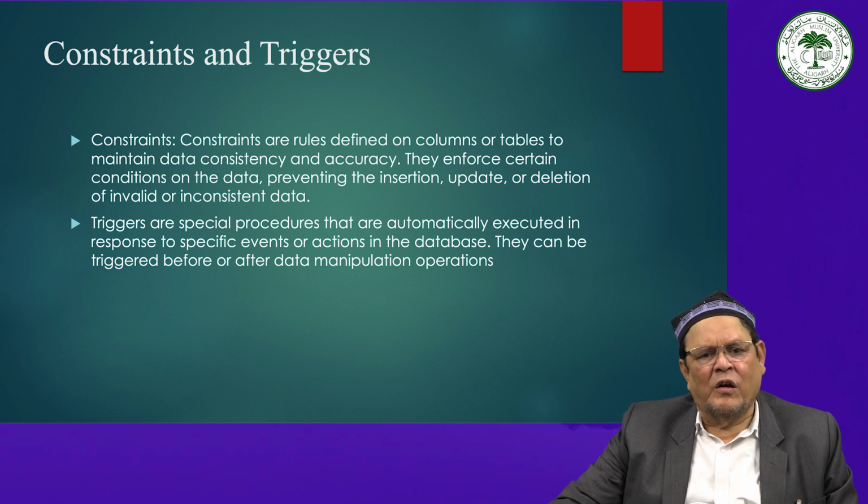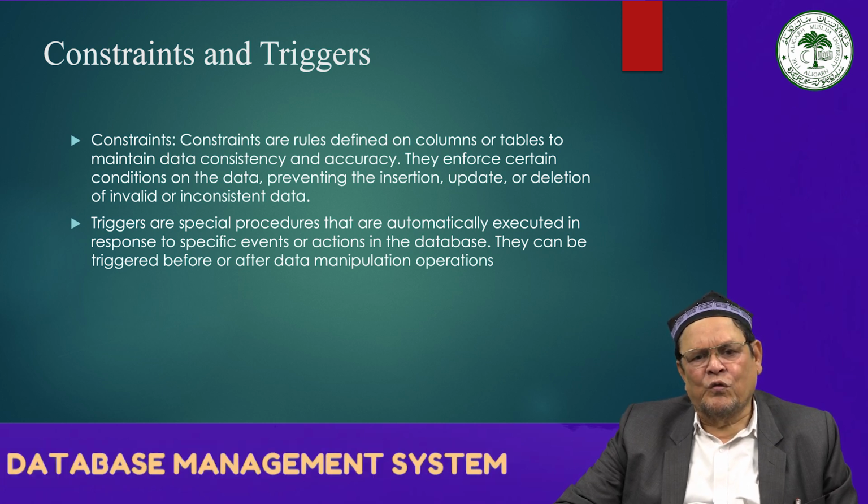In the relational model of a database management system, constraints and triggers are tools used to enforce rules and automate actions within the database. Constraints in a relational database enforce rules on data, like ensuring uniqueness or referential integrity. They prevent invalid data from being inserted or updated.